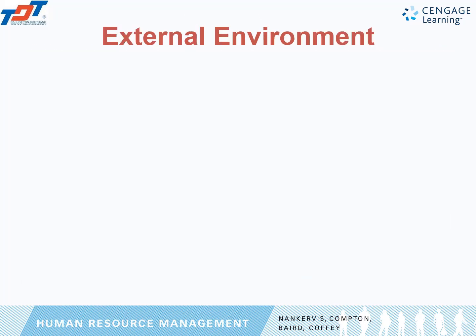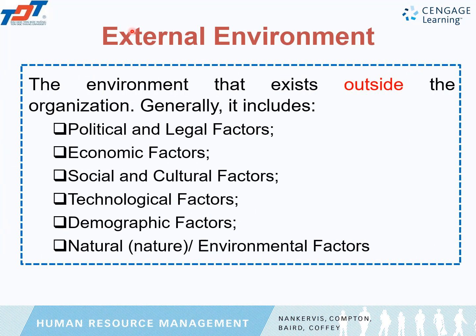The first and most important thing that we need to define before we move on with this chapter is the term external environment. Now, most of the undergraduate students have a difficulty in understanding the difference between internal and external environment. Now, the external environment is the environment that is actually outside the organization.